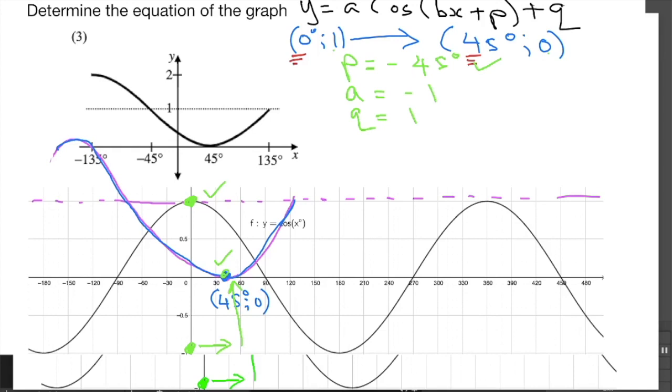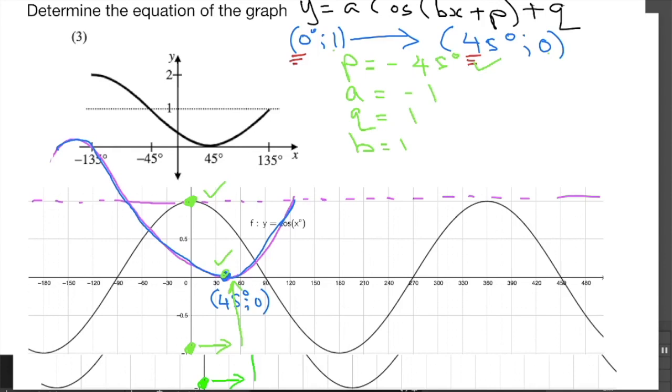We said earlier on when we were dealing with sine that the period of this required graph is 360. It hasn't changed. It is the same thing. So the period is 360, and that tells us that B is equal to 1. And so that will give us the equation that we are looking for.